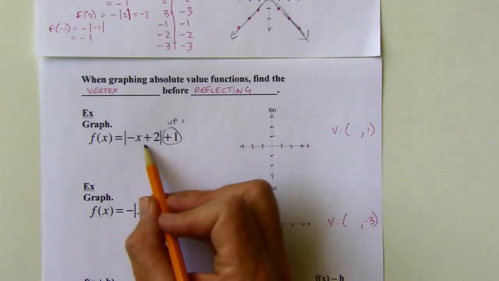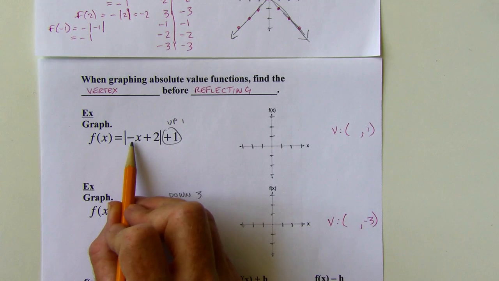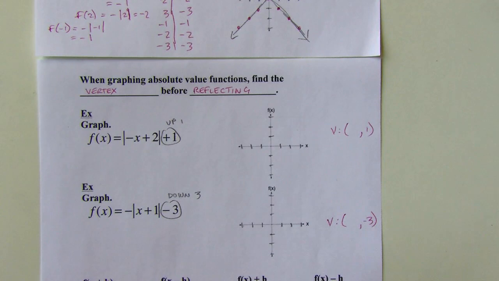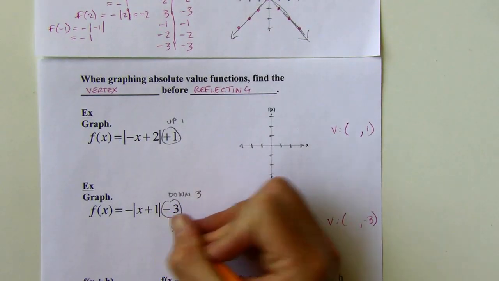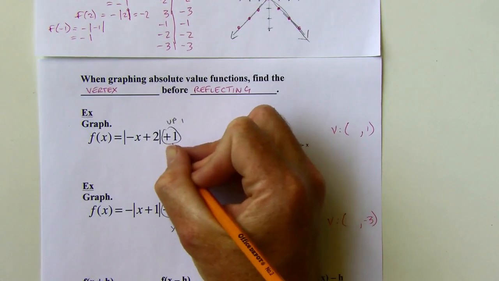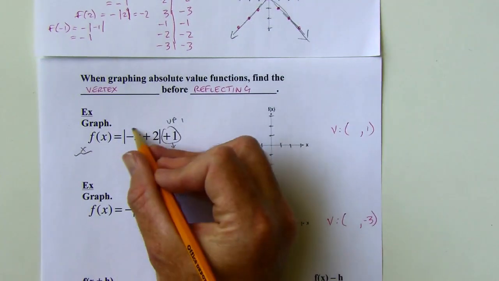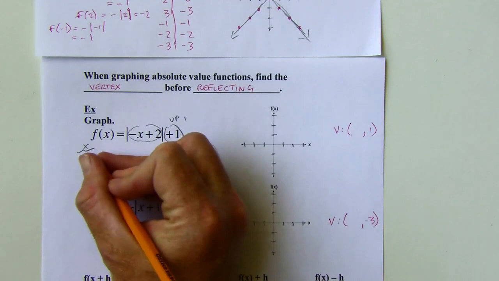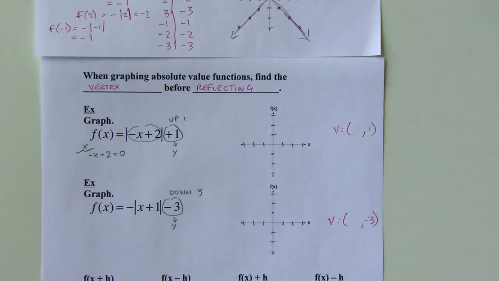So yes, this does move things left 2, but that negative is actually going to screw this up a little bit. To find the x-coordinate, you take the contents of the absolute value function and set it equal to 0. So I'm going to say -x plus 2 equals 0, and then solve that for x.